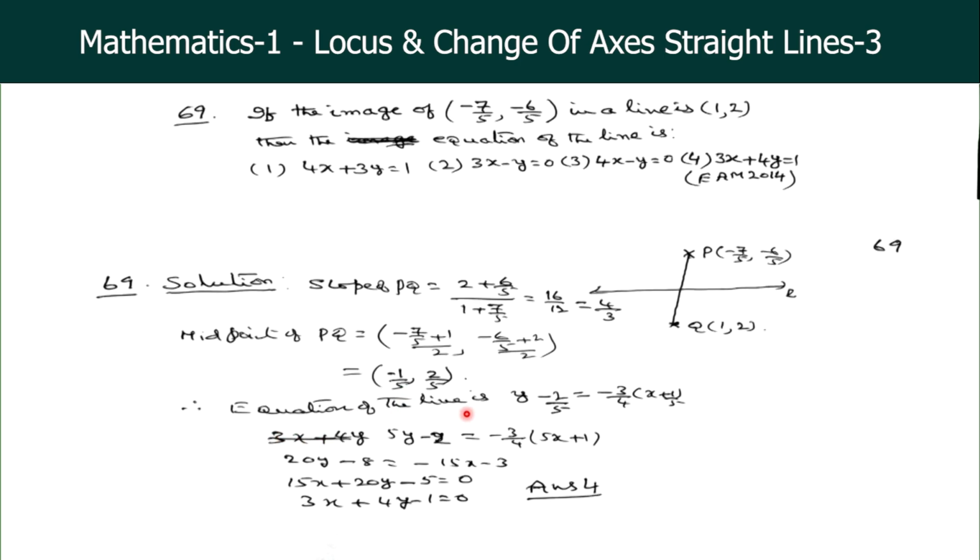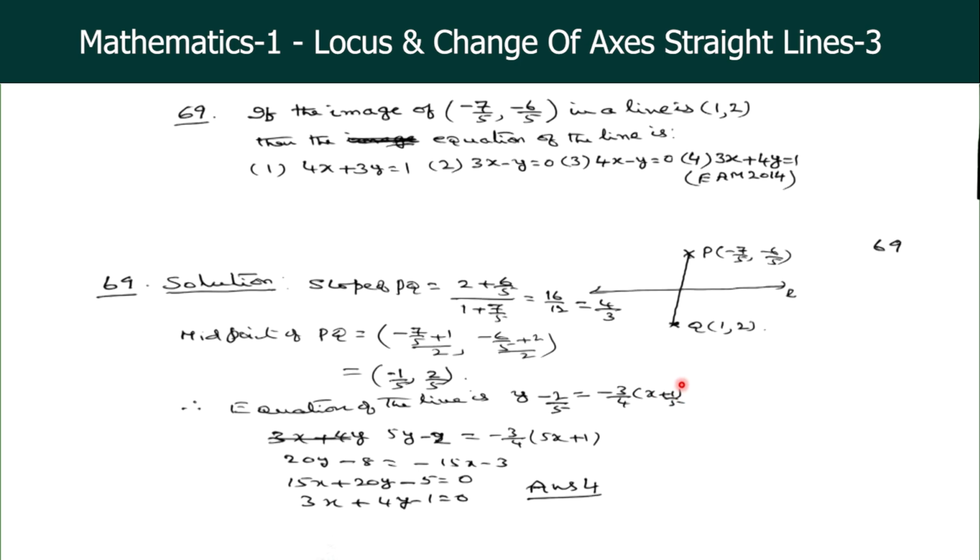So the equation of the line, with slope -3/4 and passing through the midpoint of PQ, (-1/5, 2/5), is y - 2/5 = -(3/4)(x + 1/5).